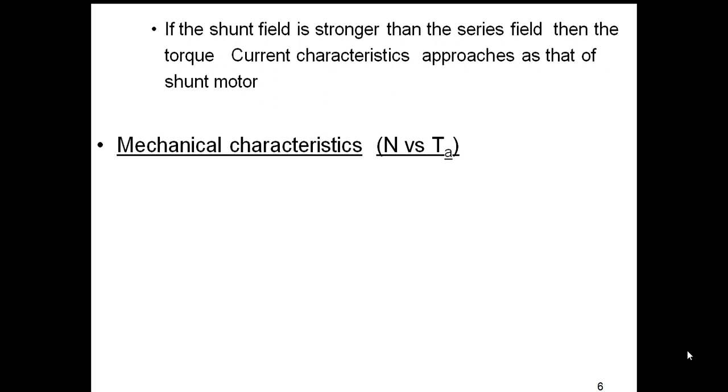Means here we should know which flux is dominating. If it is series flux, then the characteristics will be as series motor characteristics, and if shunt field flux is stronger than the other, then the characteristics will be same as shunt motor characteristics.